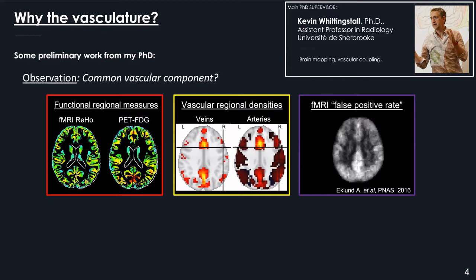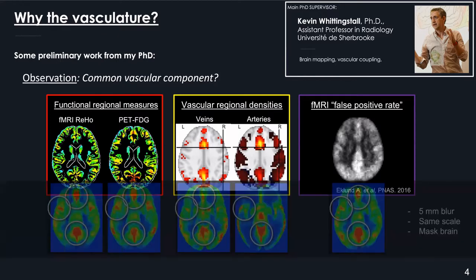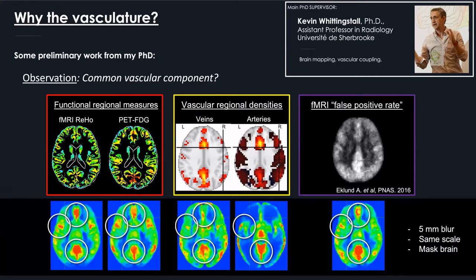Looking at those maps, if you put them in the same reference, you will see that those maps are very similar. And for us, it was evidence that we really need to understand why the common denominator here seems to be vascular density, and so there might be a structural explanation that links all of those modalities. But in order to do this, we need to go further.